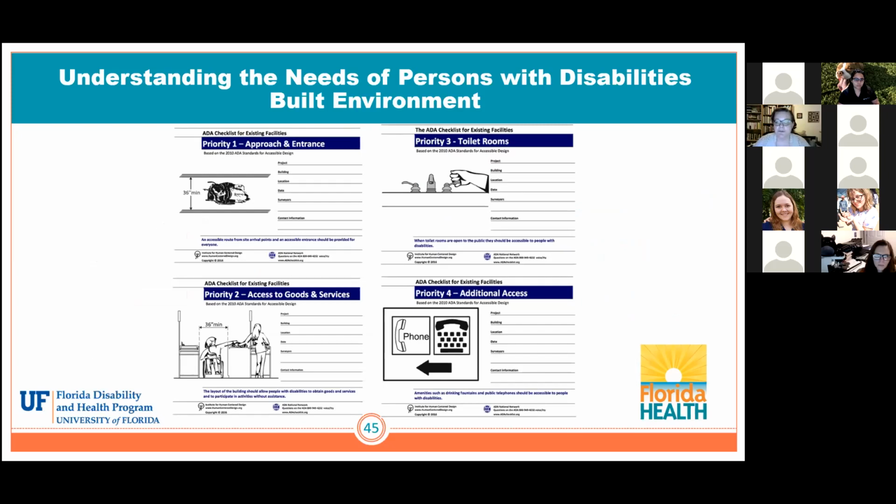You have approach and entrance, access to goods and services, toilet rooms, and then additional issues such as phones or relay receivers. Based on the 4 priority areas, there's a wide range of topics. Looking at one specifically, priority 1, approach and entrance, this one covers a lot of things. For instance, it includes accessible parking spaces. And this is how we talk about parking spaces right now.